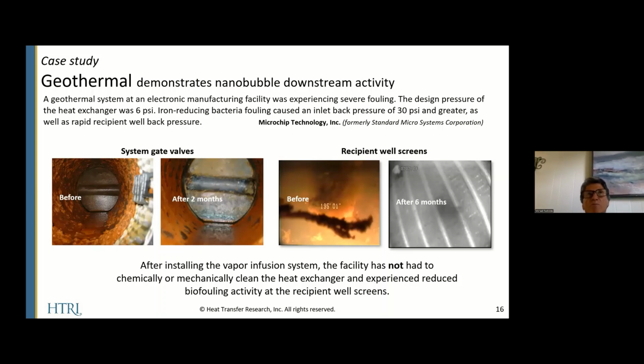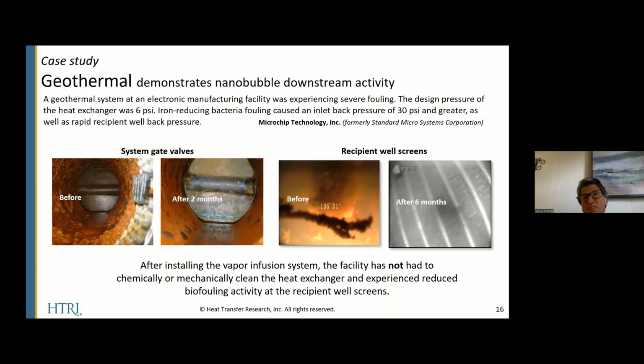These are some 2,500 feet from where we've infused the vapor into the heat exchanger. As you can see, before infusion, there is a rather robust biofoul formation in and around the well screens and filling in the water flow at the bottom of the well itself. The picture to the right, though, shows after only 6 months that there's absolutely no biofoul whatsoever.